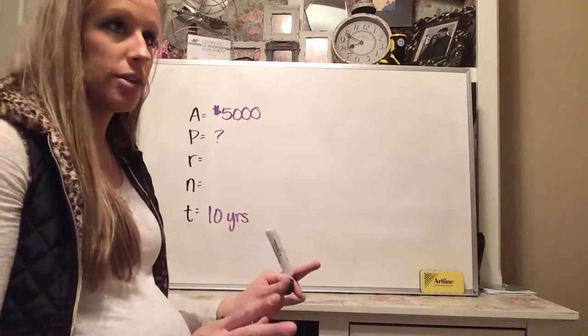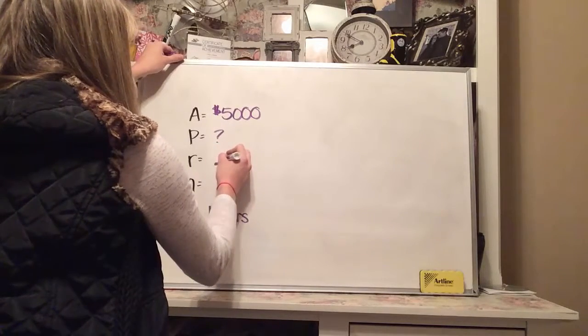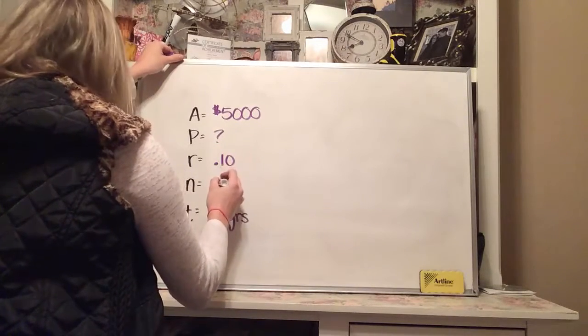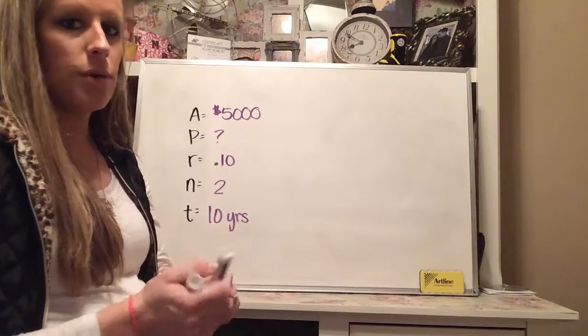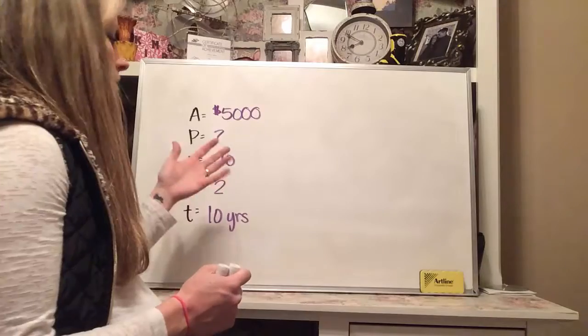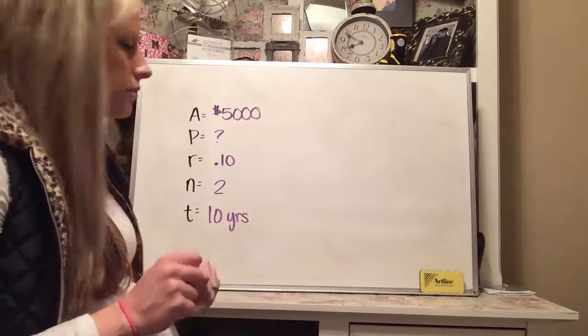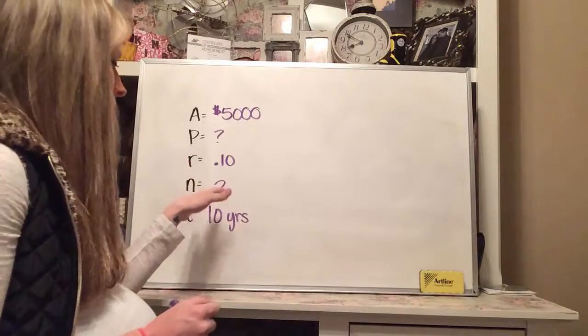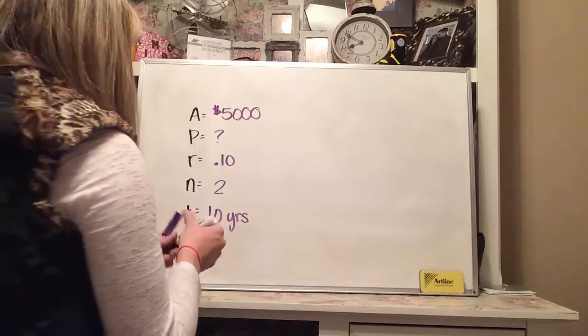We're still talking about Heather. So our rate is going to be the same, 0.1, and our N will be the same. We just want to figure out how much you would have to invest if she wanted to get $5,000 back out in 10 years. So our rate and our N would be the same for this problem as number 1.